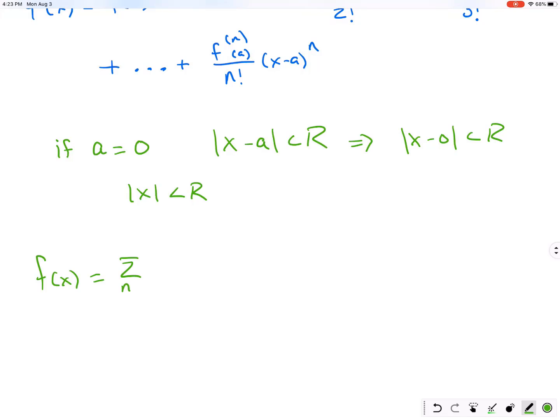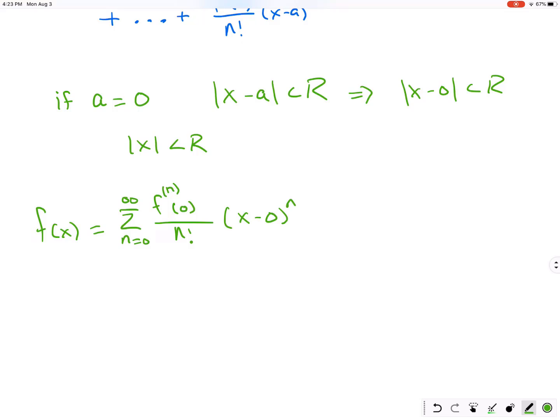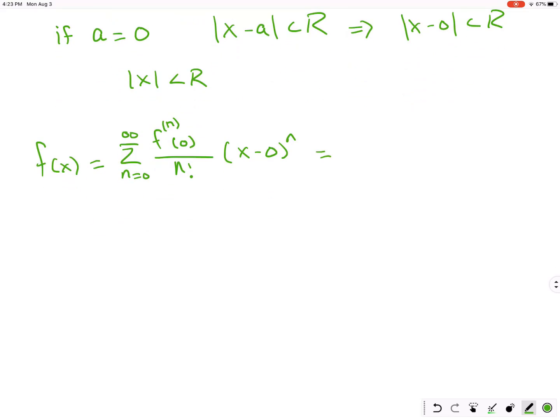In this special case, I'm going to have f of x is equal to the summation of n equals 0 to infinity of f, take the nth derivative and evaluate it at a, but in this case a is equal to 0, and divide that by n factorial, and then multiply that times x minus a, but a is equal to 0, raised to the n.